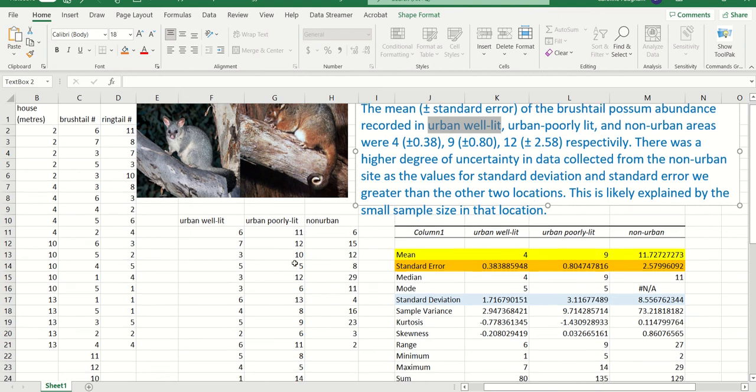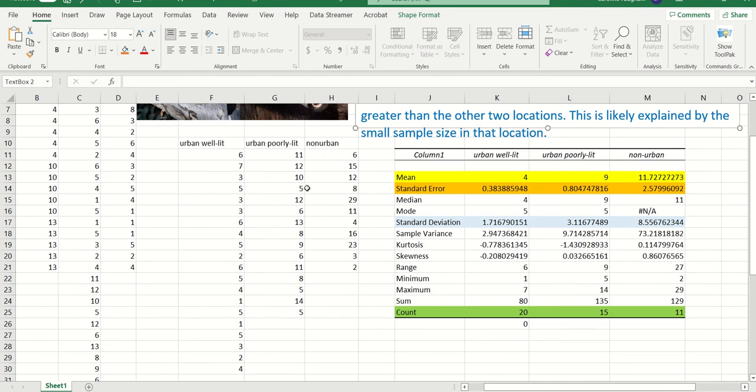So if we come over here, we have a look at the sample size. We've got less nights that they actually went out and recorded in a non-urban area. So we have a greater room for variation, okay? If I were to survey a small sample size of year 11 students, for example, about who is the best teacher, and they all said Miss Pageant, we are uncertain if that is a good representation of all the year 11 students.